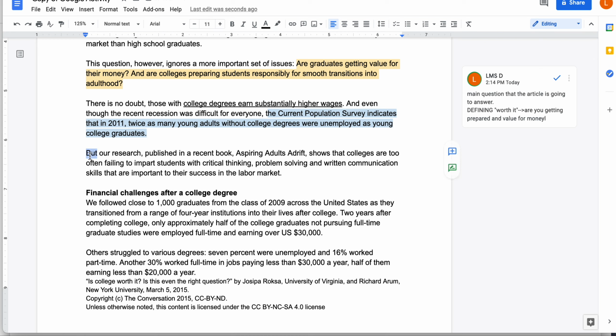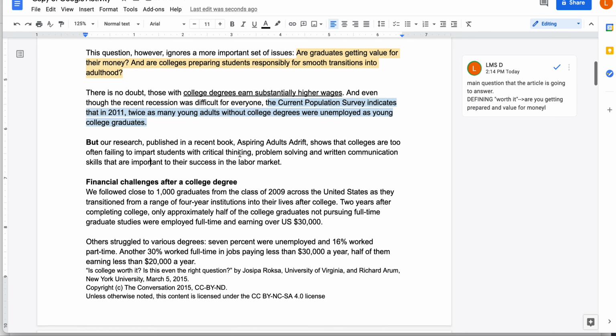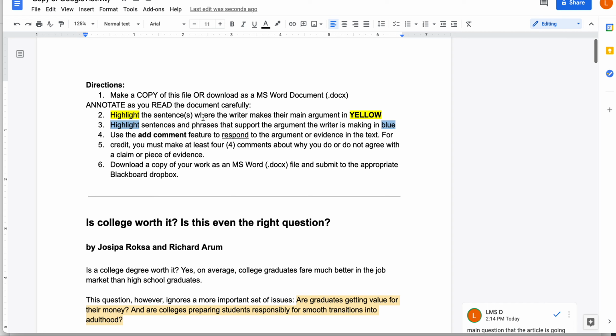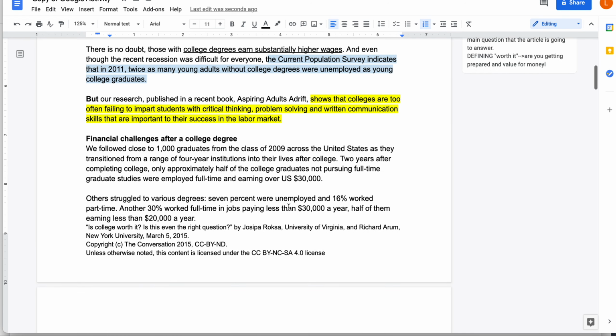But then we get down here to the word "but": "our research published in a recent book shows that colleges are too often failing students with critical thinking, problem solving, and written communication skills." So this sounds a lot more like a main topic. So now I'm going to leave that one in the bright yellow as the main idea, because remember, that's the instructions. Where they make their main argument, we want to highlight it in yellow.